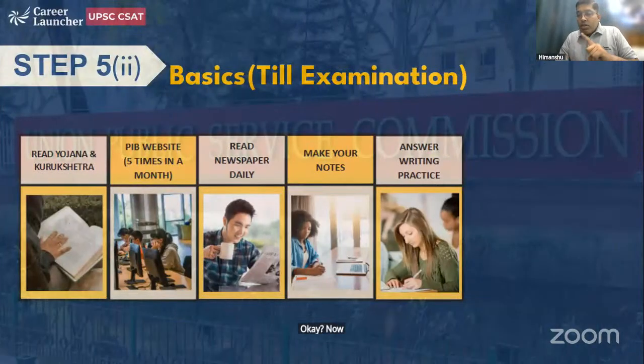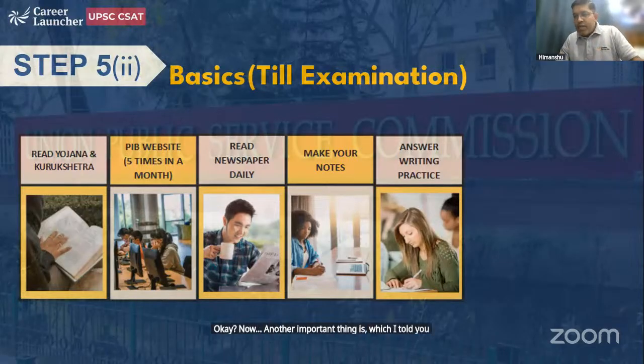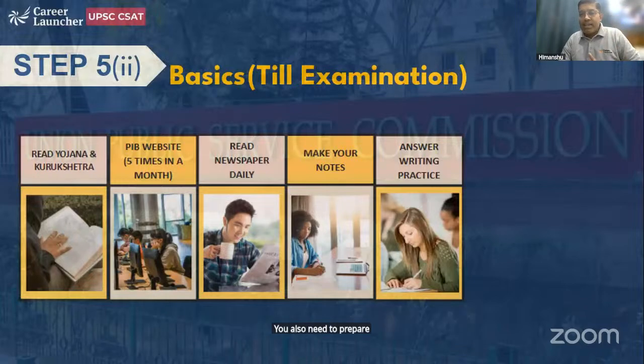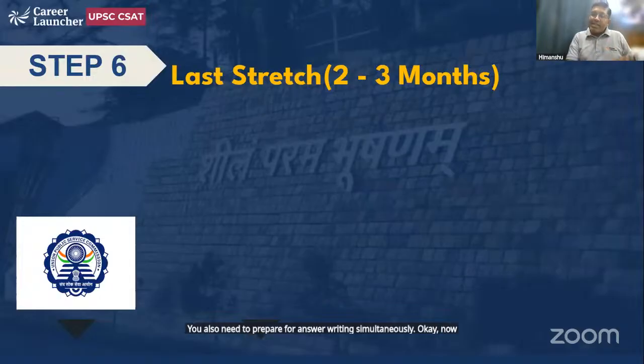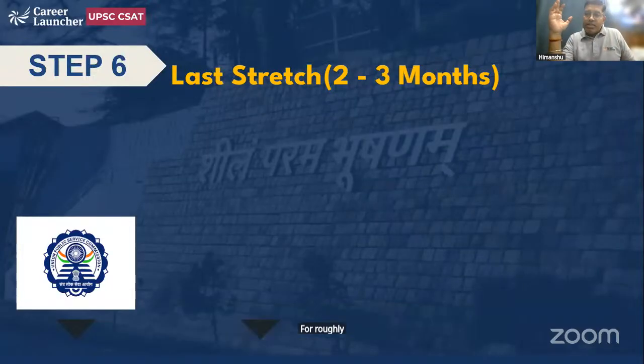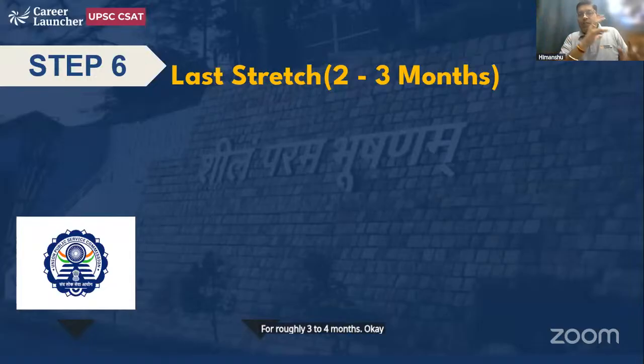Now, another important thing which I told you is that current affairs will keep going along with your preparation till the examination. There is no expiry date for current affairs. Plus, you also need to prepare for answer writing simultaneously. Now, after this, the last step is for roughly 3 to 4 months, which takes your preparation to 15, 16 months in all.